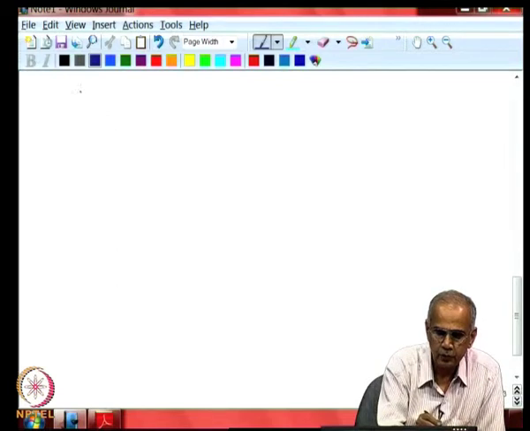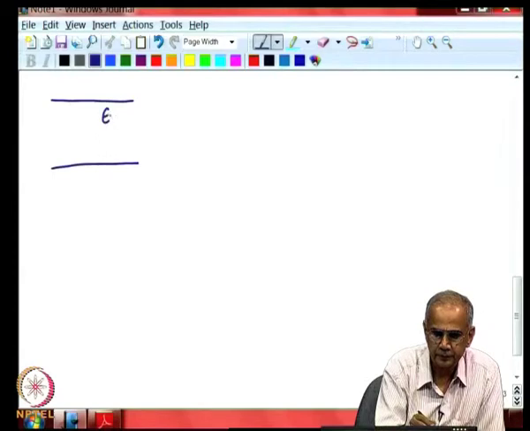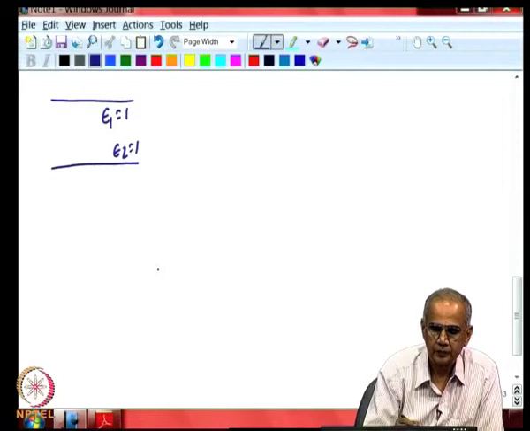Suppose we have two parallel black plates. Let us say they are infinitely long, so it makes it easy. Surface 1, surface 2.